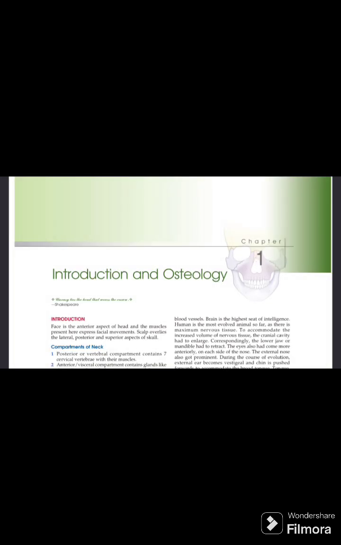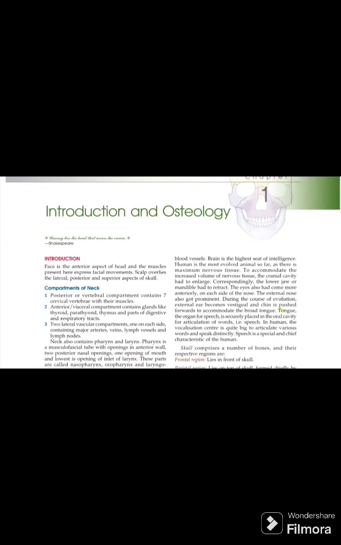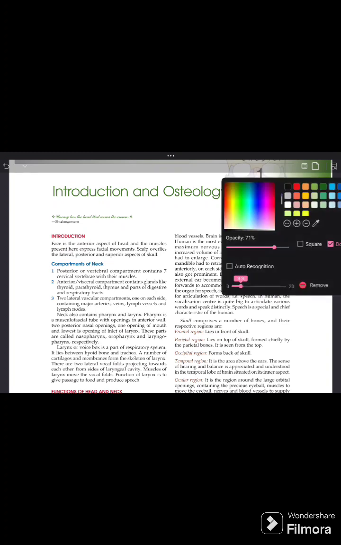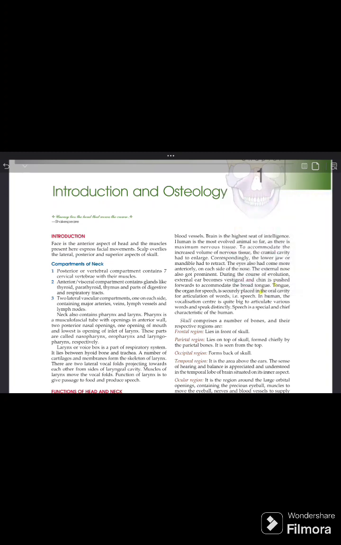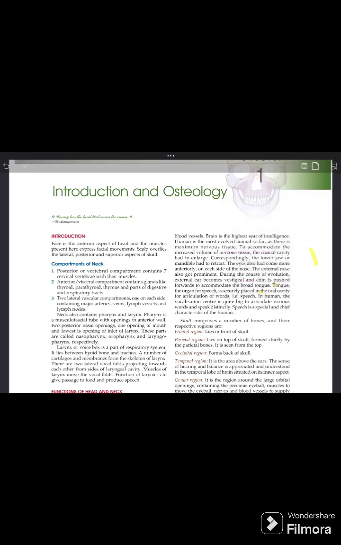If we talk about the introduction and the osteology part, the contents of the neck: you can see there are so many compartments, and in those compartments different contents are present. Assume this is your neck and this is your head.